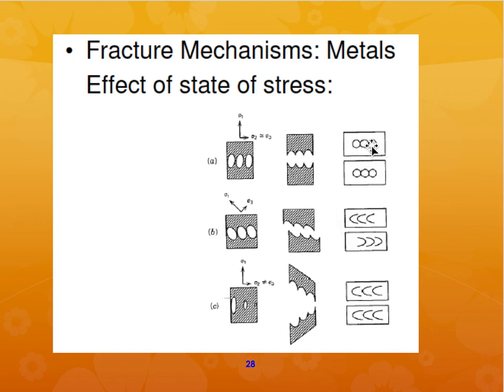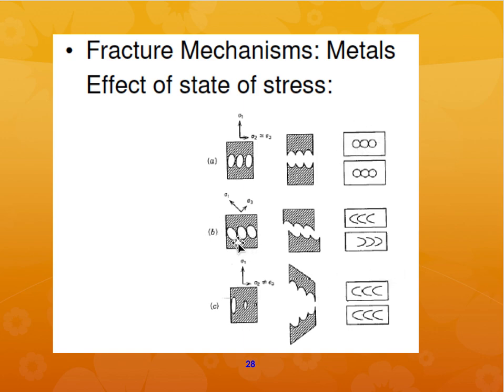And if you take a look at this surface from the bottom or from the top, you will see that there are a lot of these voids that have joined up together.